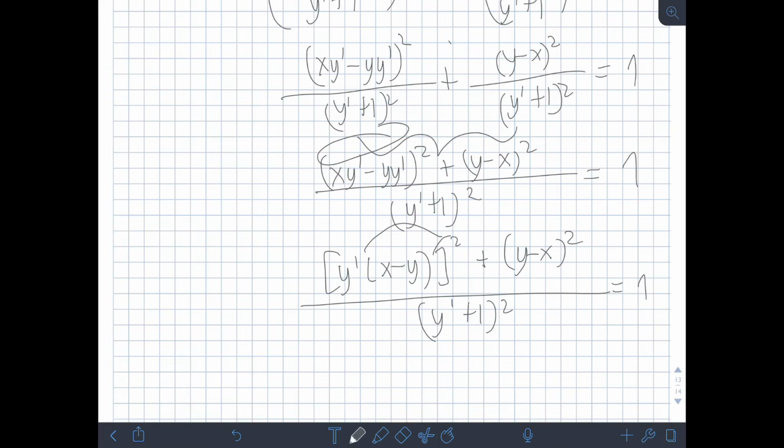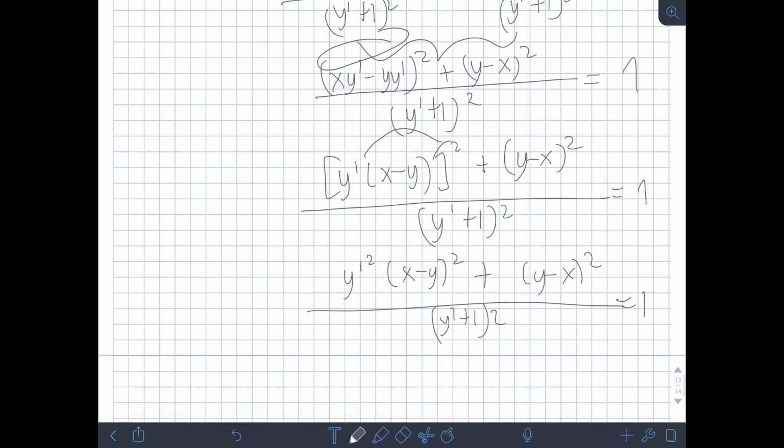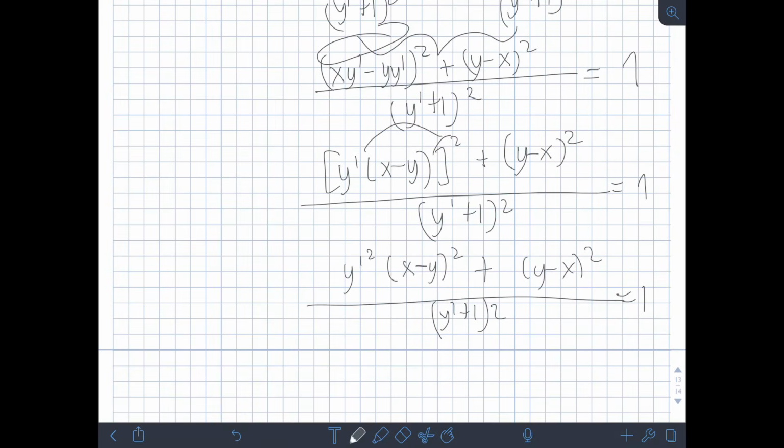Tapos, distribute natin itong exponent, magiging y prime squared times (x minus y) squared plus (y minus x) squared over (y prime plus 1) squared equals 1. Now, itong x minus y tsaka y minus x, pwede nating i-factor out. Tapos ito, ilabas ko na lang tong negative nito para pareho sila.